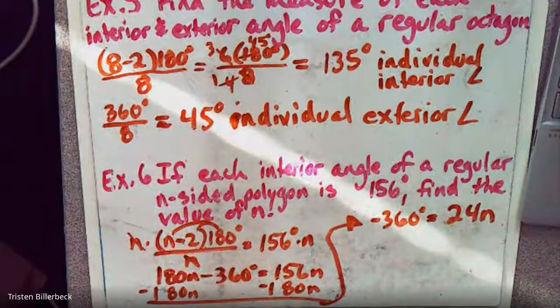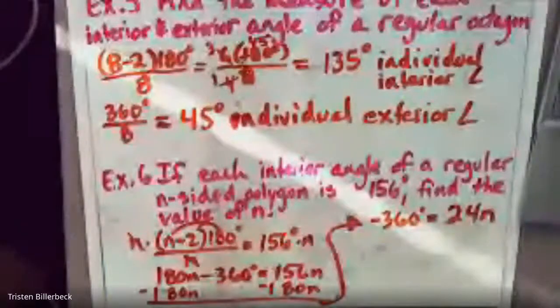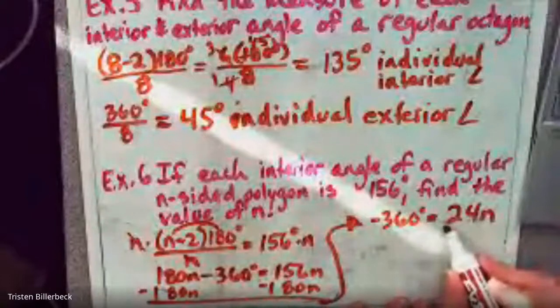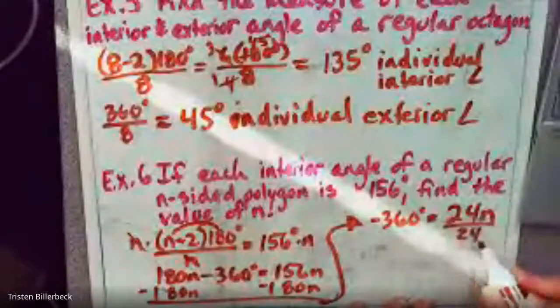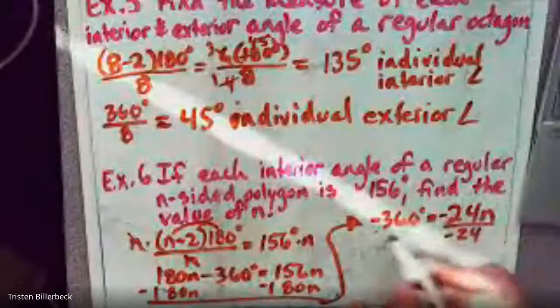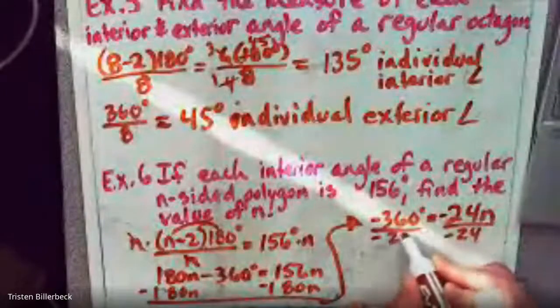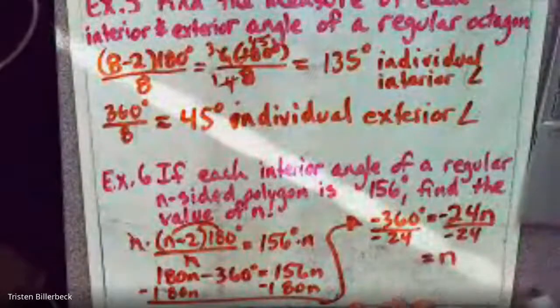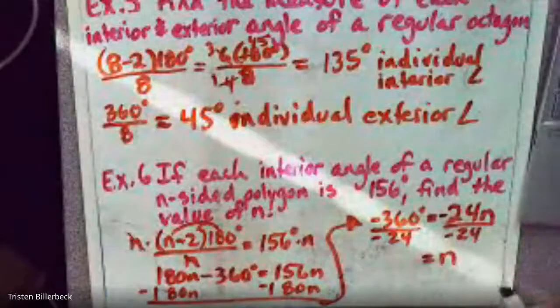Okay, so 156 minus 180 gives us negative 24. Then we have divide by 24, and that's a negative, by the way. So we divide by a negative 24. So we have a positive amount of n because we can't have a negative number of sides.